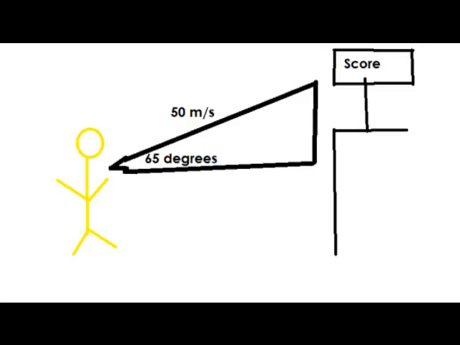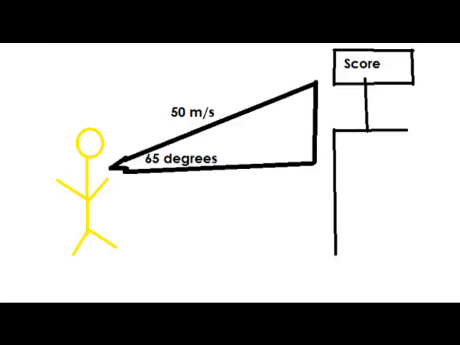Time equals Vf minus Vi divided by acceleration. This would be 0 minus 45.3 divided by negative 10, which gives us 4.53.